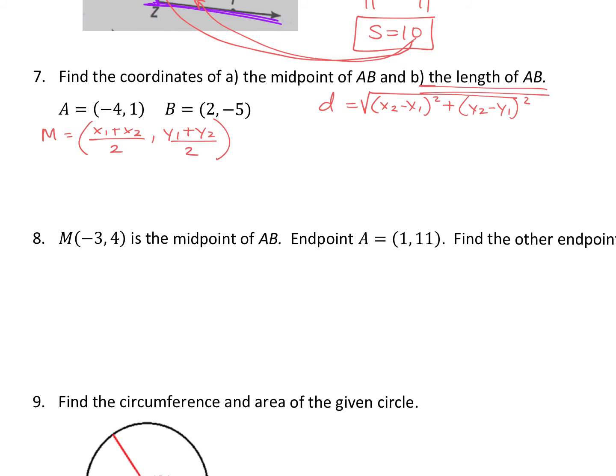So what I would do if I were you is label your points right off the bat, because even if you feel like I got this, it's so easy, that's usually when you make the mistakes because you rush through it. So just label them. This is x1, y1, this is x2, y2, and then all you have to do is plug those numbers in.